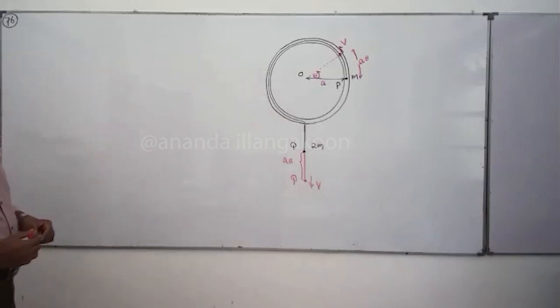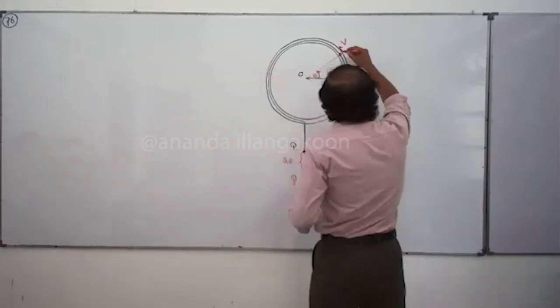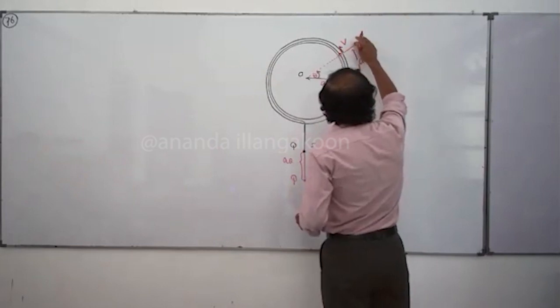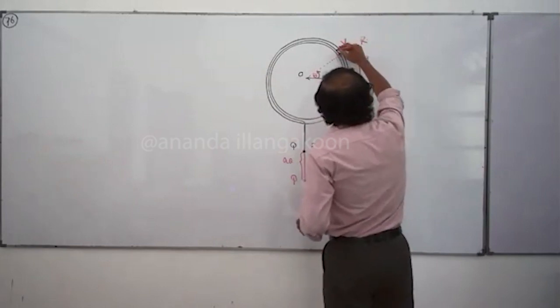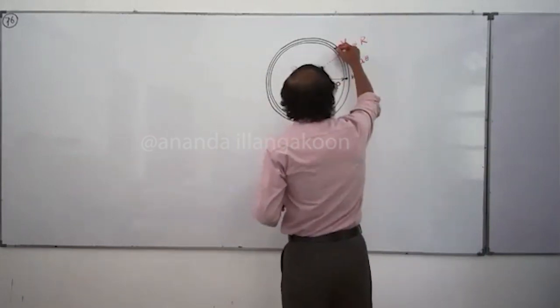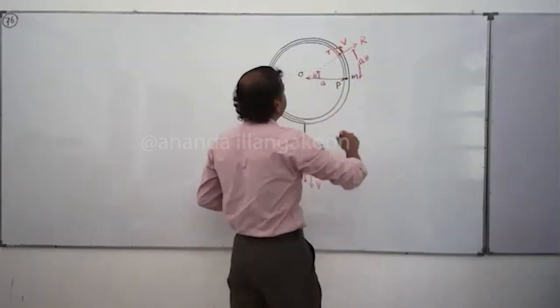Now, on this particle P, a normal reaction R acts outward, and the tension T acts along the tangent.